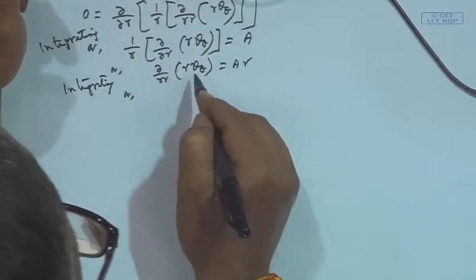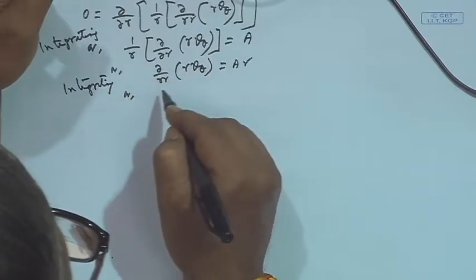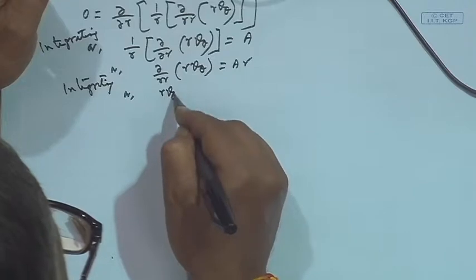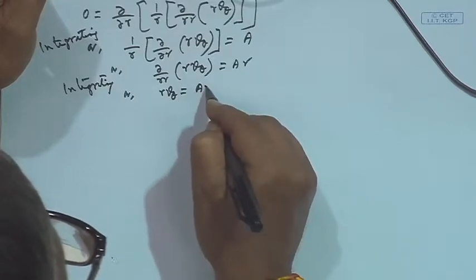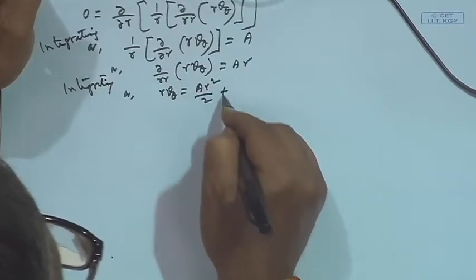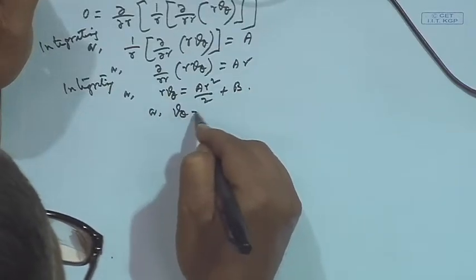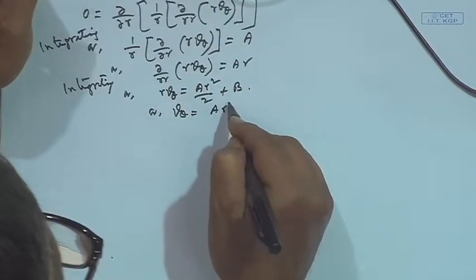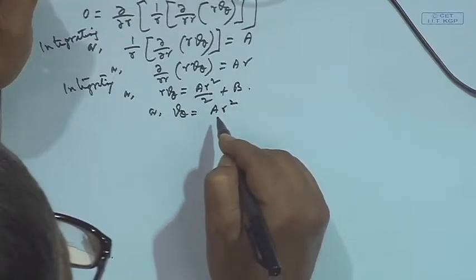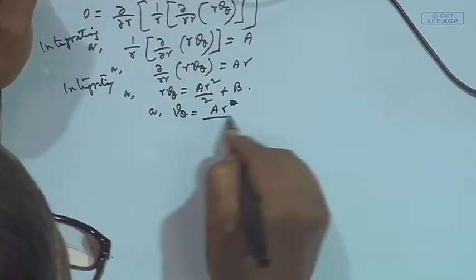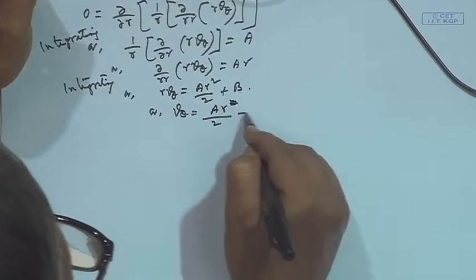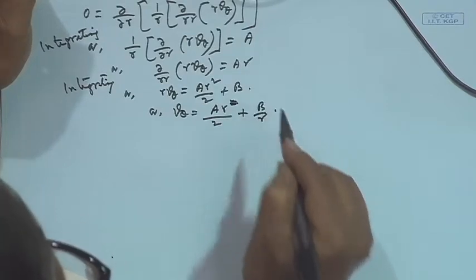On second integration, we can write that r v theta is equal to a r square by 2 plus b, or v theta is equal to a r square, or r square goes out, a by 2 r plus b by r.